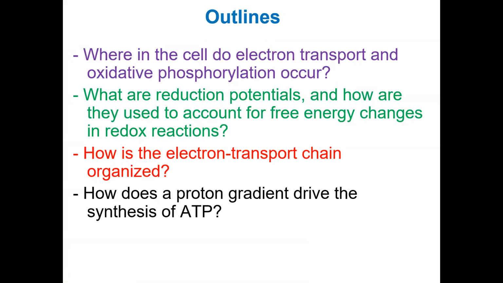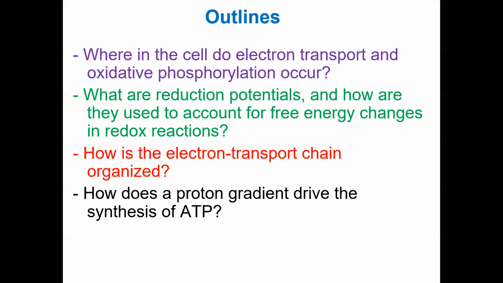In this chapter, what you are really going to learn is how, when the metabolic fuel was oxidized, and in that process you had reduced electron carriers, how do those electron carriers transport their electrons to respiratory chains, and in that process how ATP is synthesized.